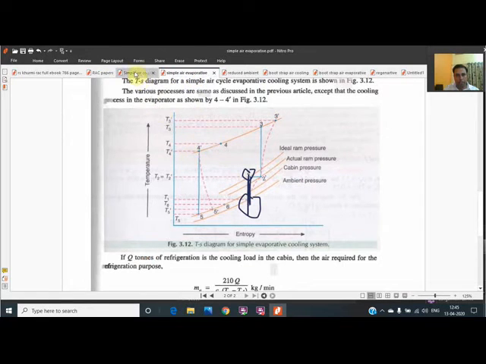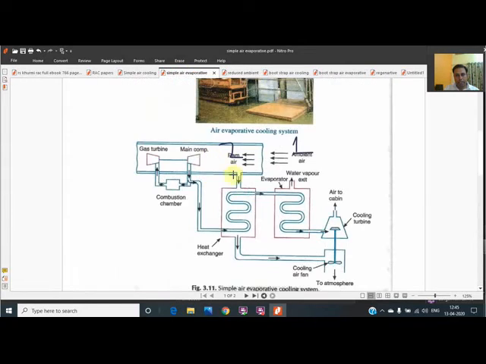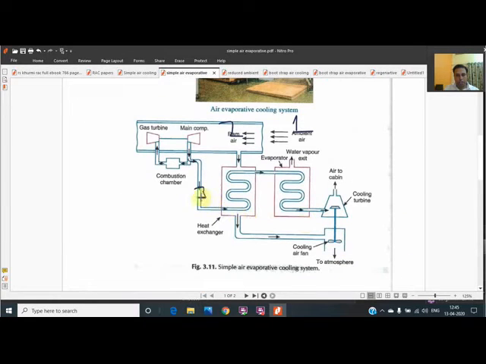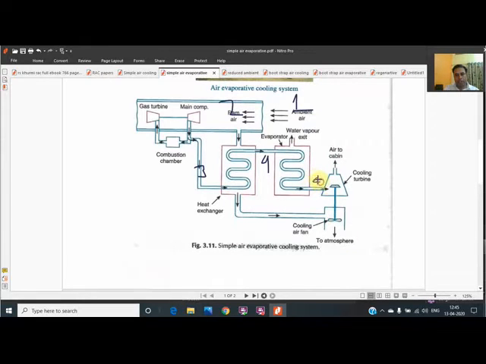simple air evaporative also, because in simple air cooling we used to have a single heat exchanger. In evaporative we used to have two heat exchangers, meaning twice we are doing the cooling process. 1 to 2 is the ramming that is shown, 2 to 3 is the compression that is common for all the six systems. 1 to 2 and 2 to 3 will remain common for all the systems. 3 to 4 they have cooled in the first heat exchanger, and 4 to 4 dash they have cooled in the second heat exchanger, and later 4 dash to 5 they have expanded.